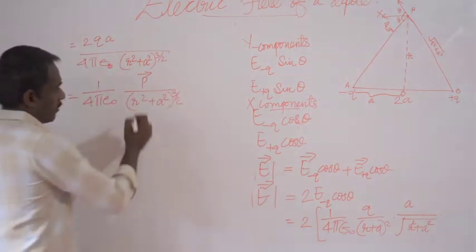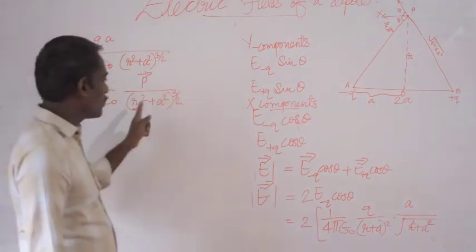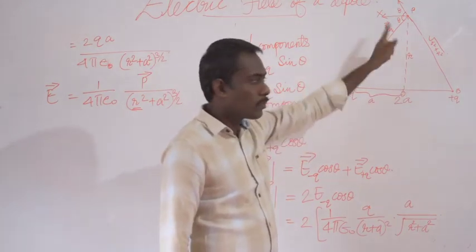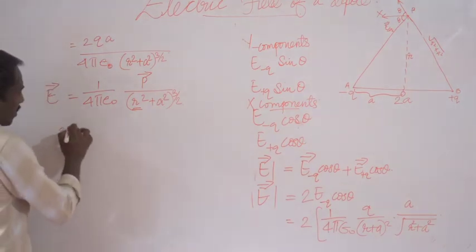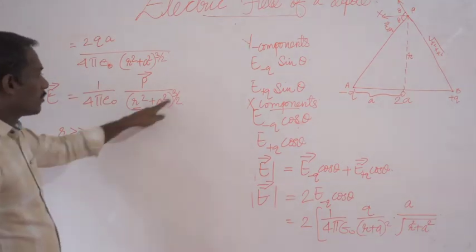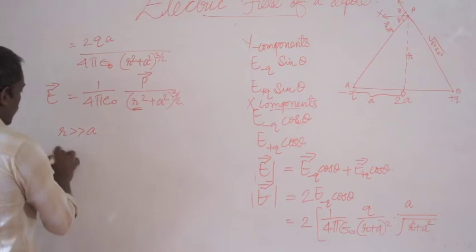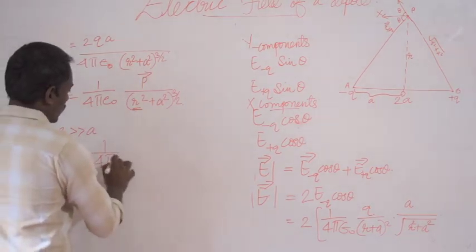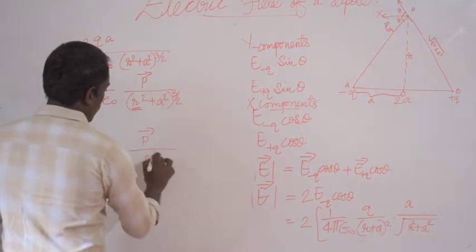In this case, if the value of r, the distance between the dipole and the point, is very large, r much greater than a, then what will happen? The term a will be negligible. Then E can be written as 1 by 4 pi epsilon 0 into P divided by r.